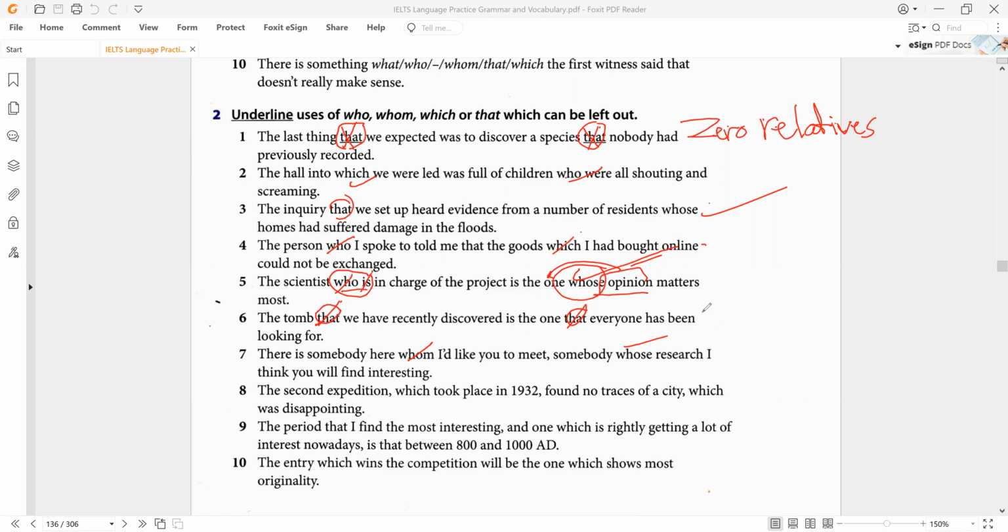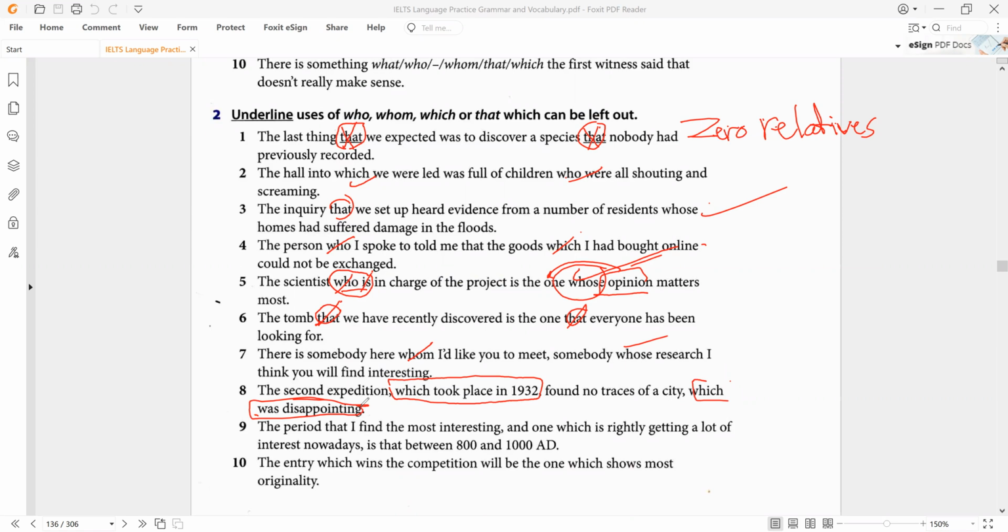Keep it, yeah? Yes, because this is non-defining. Even which was. The second expedition, which took place in 1932, found no traces of a city, which was disappointing. Which was also non-defining, so we keep them.